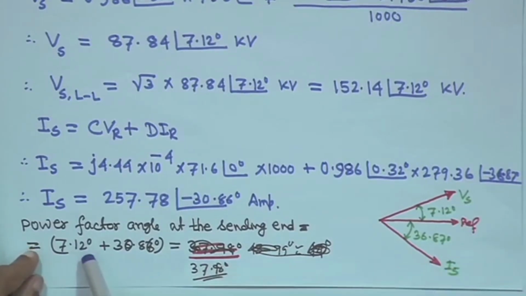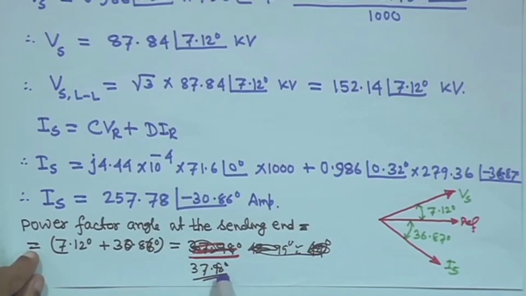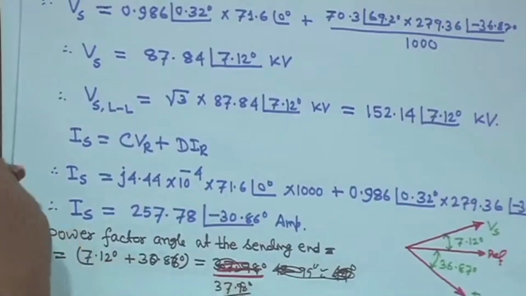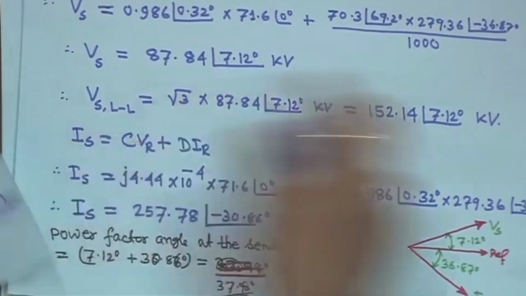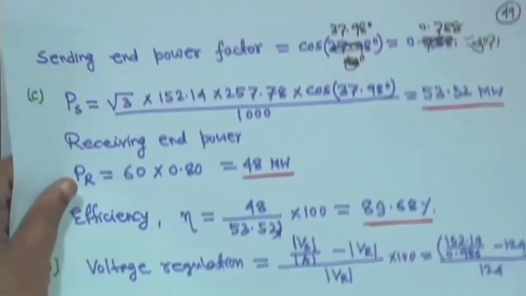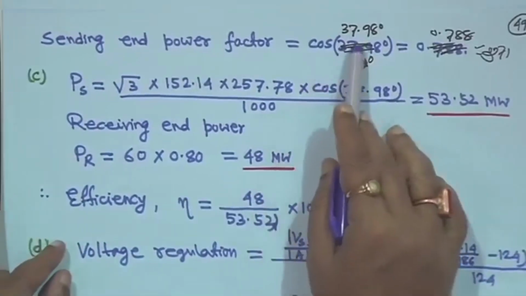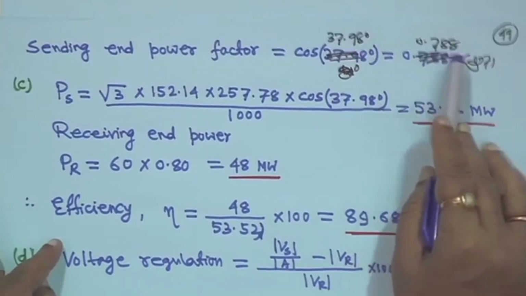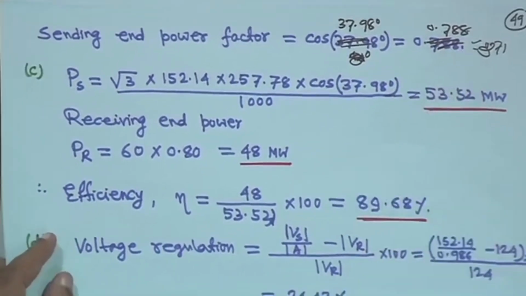So, it will be 7.12 plus 30.86 degree, which is 37.98 degree, right. This is your power factor angle. So, the sending end power factor is cosine of 37.98 degree, that is equal to 0.788, right. This is the sending end power factor.